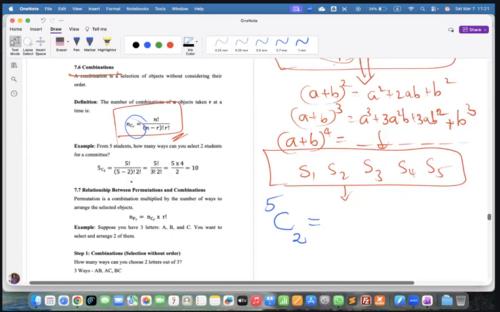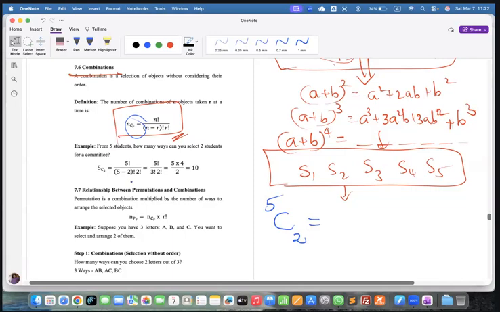So here they are asking, what are all the possible ways I can make this group? They do not consider the order in which I select the group. They only ask what possible groups I can make.